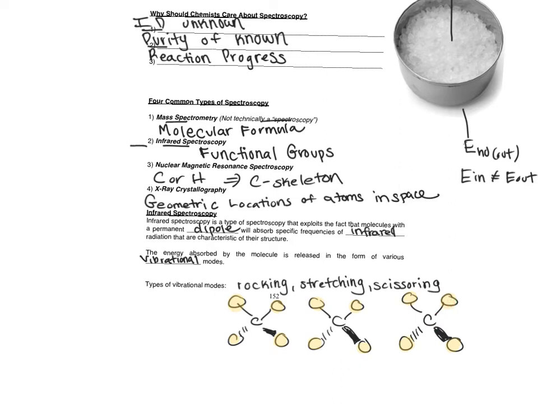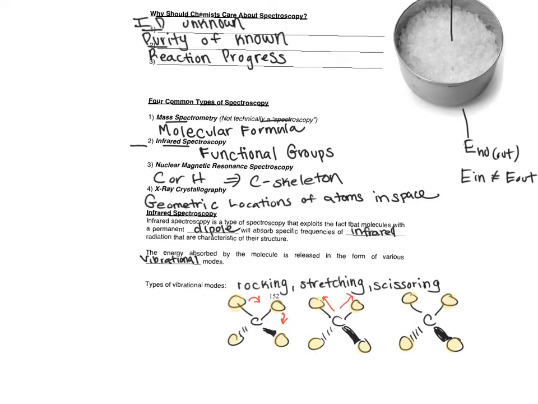If they undergo the rocking action, you might see the rest of the molecule stay still except for these top two wave back and forth in the same direction. Or they might stretch. This is not a dipole arrow. This means they're literally getting longer and shorter there.